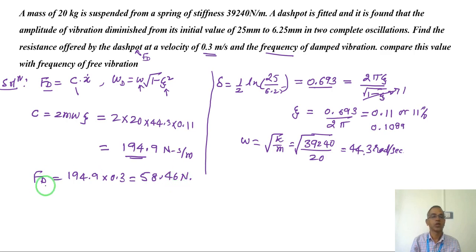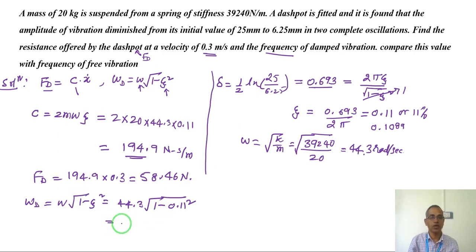Right? Now it is asking for the frequency of damped vibration, which is omega d, is omega into the square root of 1 minus xi square, where omega is the undamped frequency, which is 44.3 into the square root of 1 minus 0.11 square.